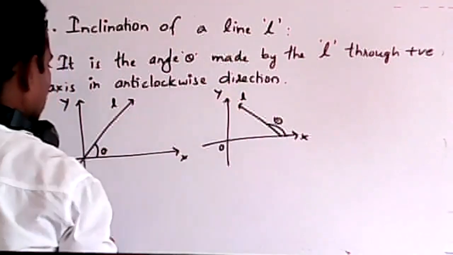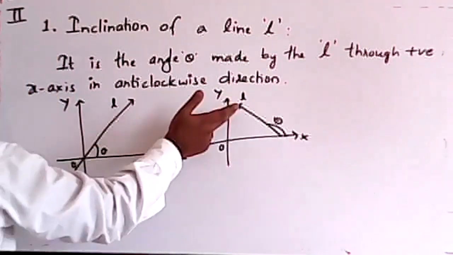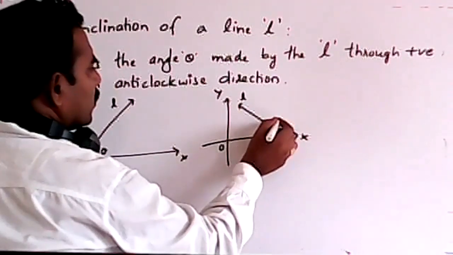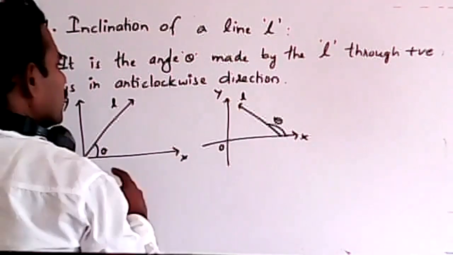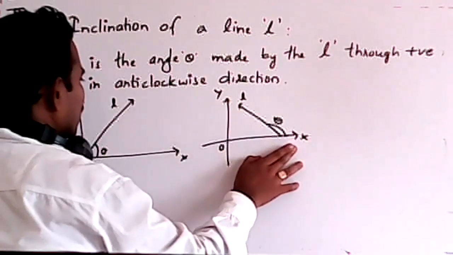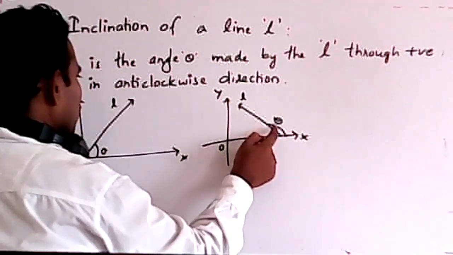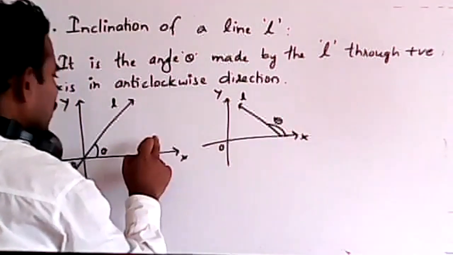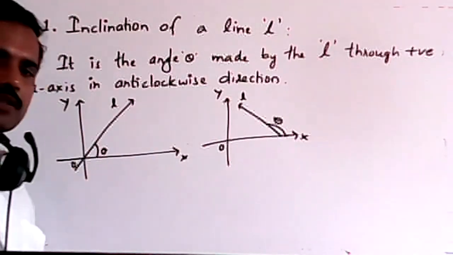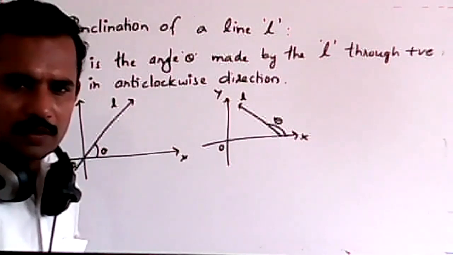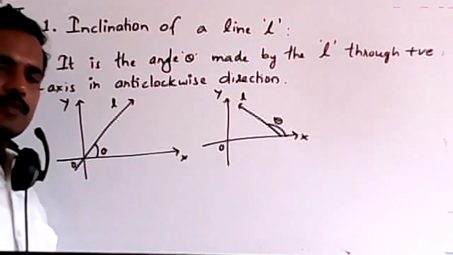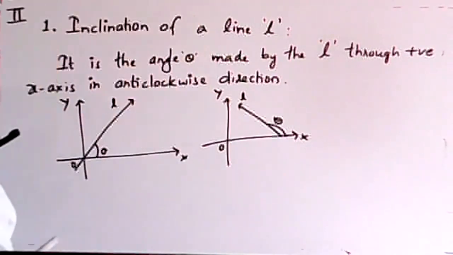So these two are the angles created by a line. That line is standing on the positive direction of x-axis. Here it looks like an obtuse angle. Here it is looking like an acute angle, right? Okay. Yes. Now we got what is inclination.